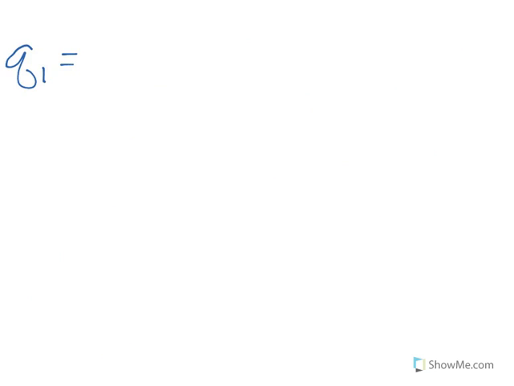Q1 is going to be n times Cm times delta T. So how many moles of water do we have? What is the molar heat capacity of water, and what is my change in temperature? The molar heat capacity of water is a constant.